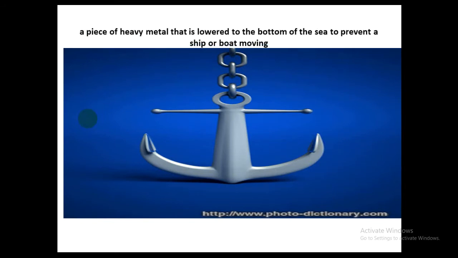Who can tell me now? What can you see? Now let's read our definition. If it's difficult to understand from the picture, it's a piece of heavy metal that is lowered to the bottom of the sea to prevent a ship or boat moving. It is anchor.